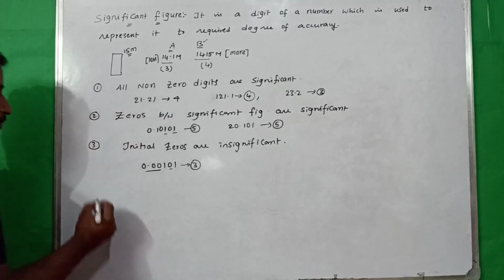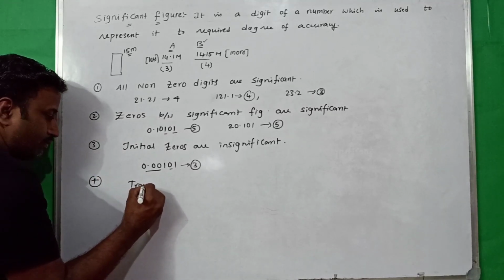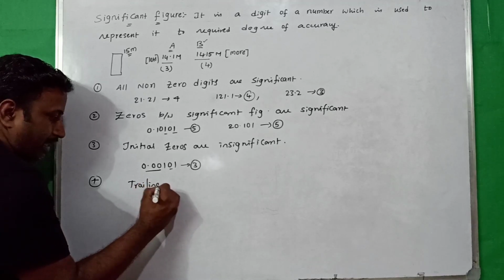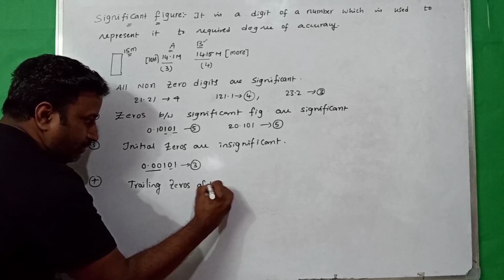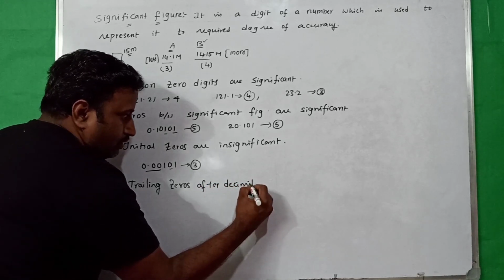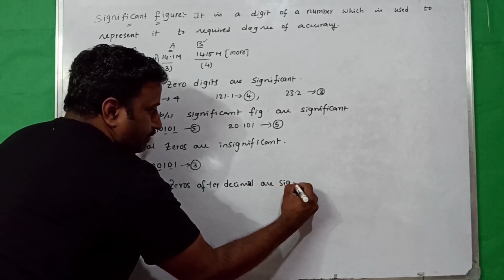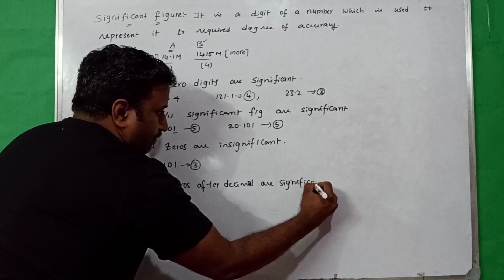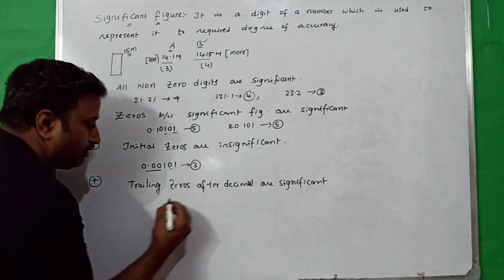Fourth rule: trailing zeros after decimal are significant. Trailing zero means zeros at the end.